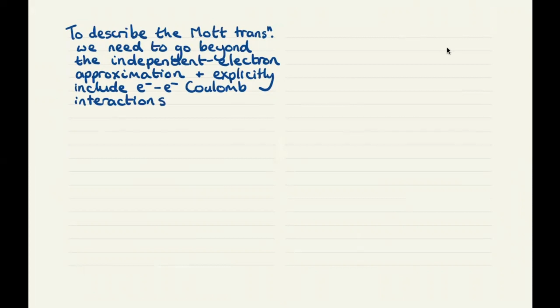So of course, there are many levels of sophistication by which we could do this. We're going to do the easiest way. We're going to introduce the simplest possible picture of electron-electron Coulomb interactions. It's called the Hubbard model.